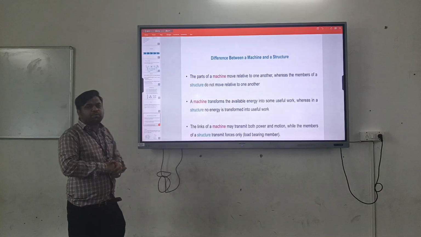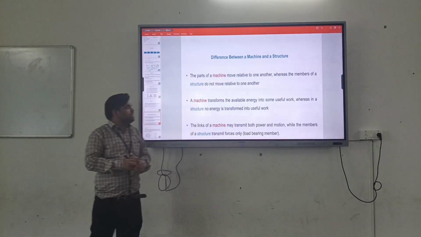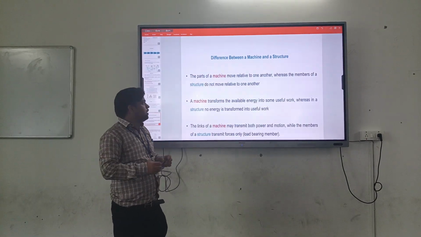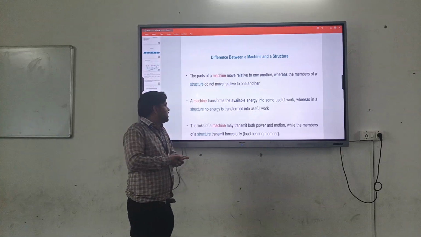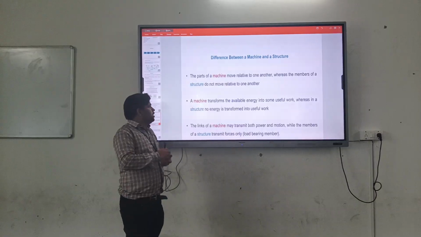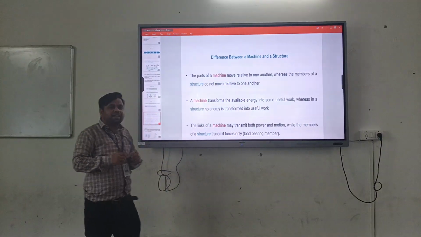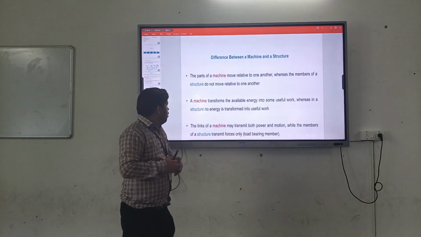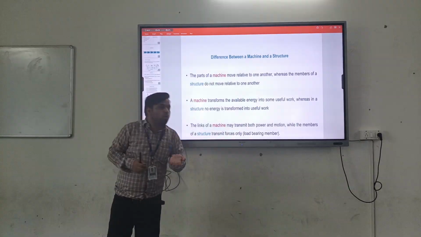Here are the differences between the machine and structure. The parts of a machine move relative to one another, whereas the members of a structure do not have any relative motion with each other. These are the major differences. Another point is that a machine transforms the available energy into some useful work, whereas in a structure no energy is transformed into useful work.